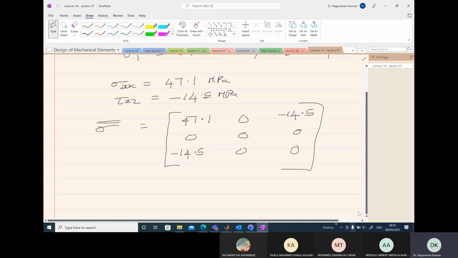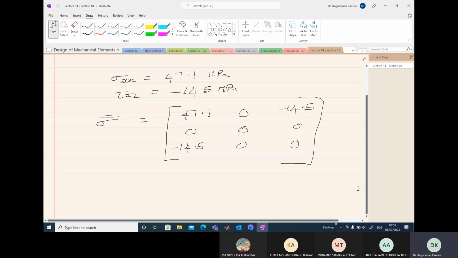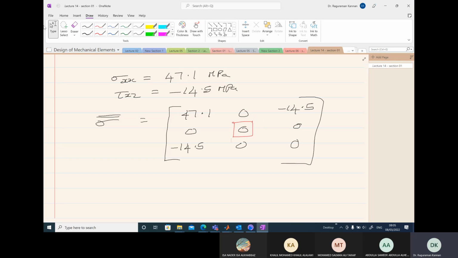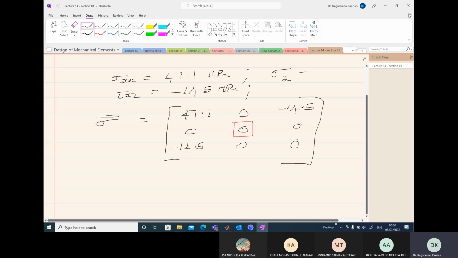What does this mean? This means that one of the diagonal values is actually one of the principal stress values, which means in our case here, sigma 2 is actually equal to 0.